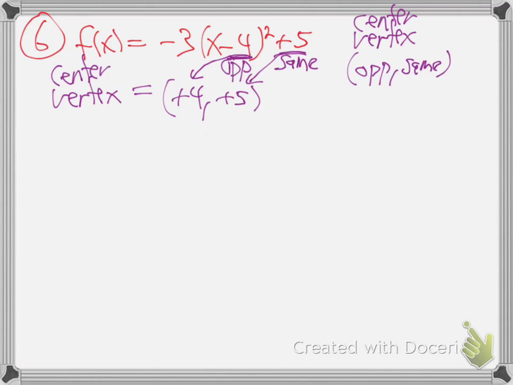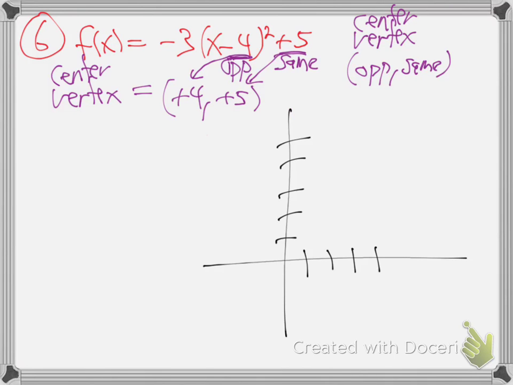So there is the center of the U-shape. Right 1, 2, 3, 4, up 1, 2, 3, 4, 5. Right there, over 4, up 5. There's the center of the U-shape.